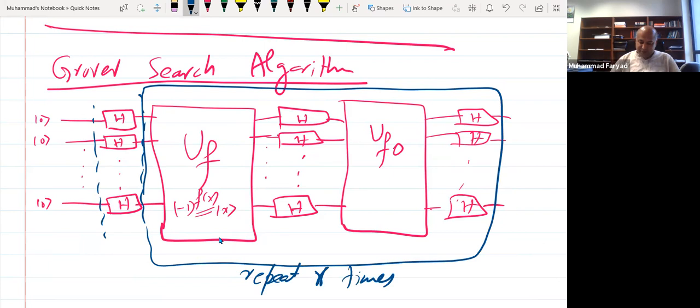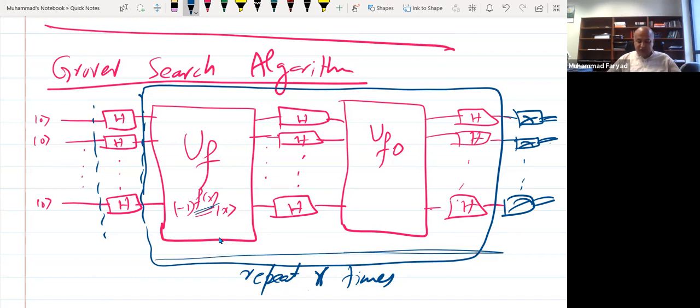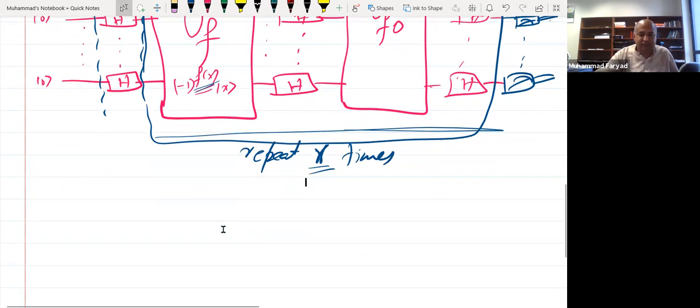And then after this repetition, we implement this measurement. And we claim that the index that makes this function f of x 1 will appear at this output after measurement once we repeat this process r times. So this is the algorithm and this is the claim. And let's see how we can show that this algorithm works the way that we say it does.